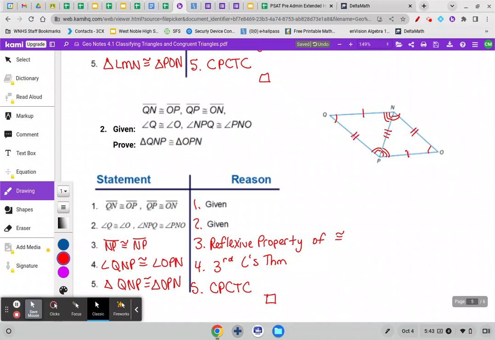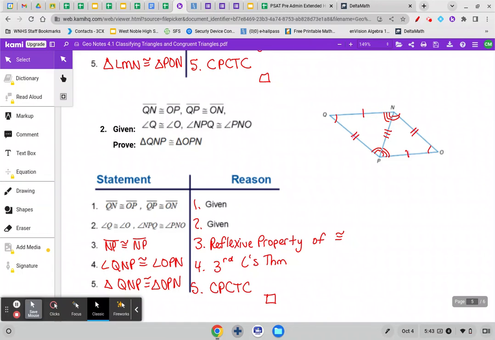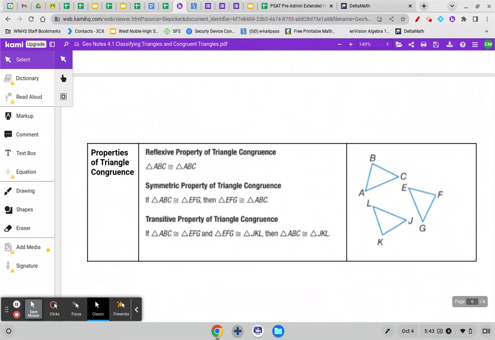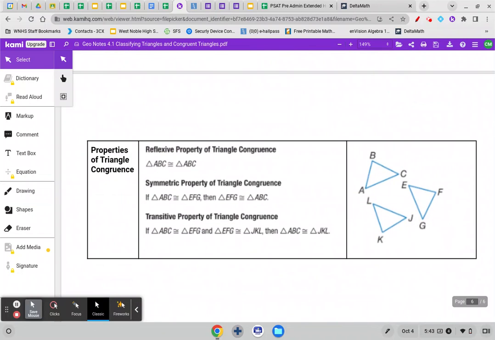So hopefully you guys don't feel like proofs are too crazy yet. They aren't really super crazy. We'll keep walking through them. You'll notice on our last page is just a little helpful hint about the properties of triangle congruence. The reflexive property: if you have one triangle, it is congruent to itself. The symmetric property is if you have two triangles, you can state them congruent either way.